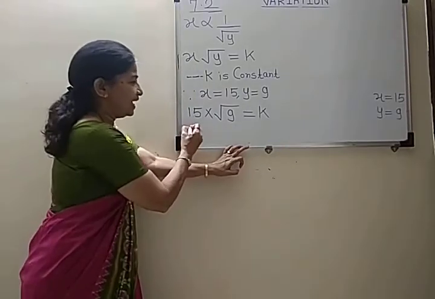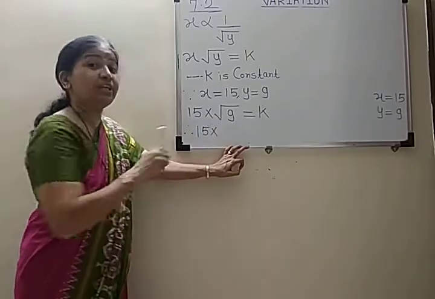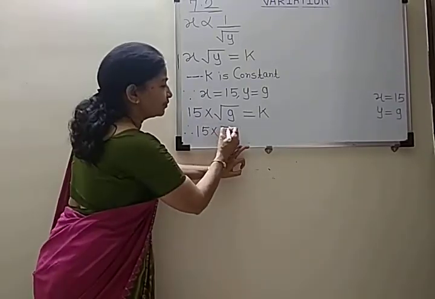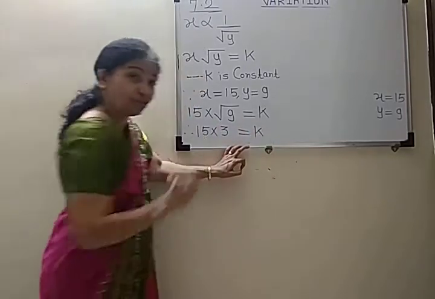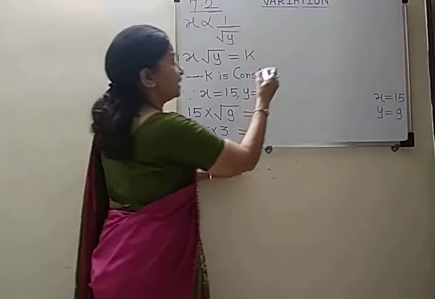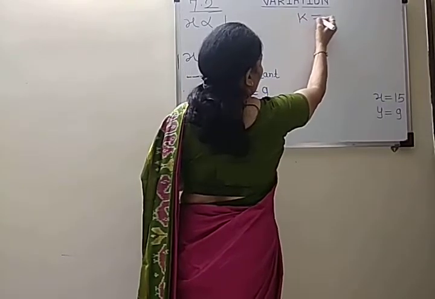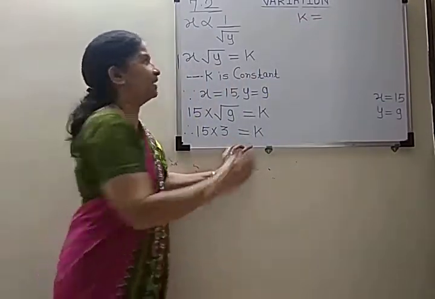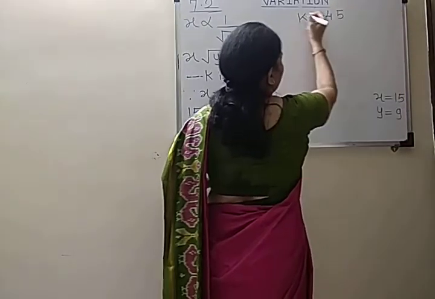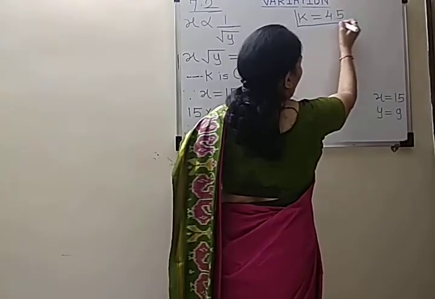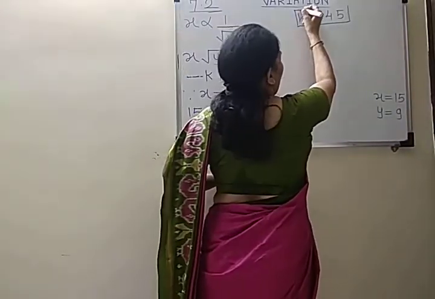So now see, 15 into root 9 will come as 3. So 15 into 3 will equal k. That means k is equal to 15 3s will come as 45. So, in this way, I got constant of variation as 45.